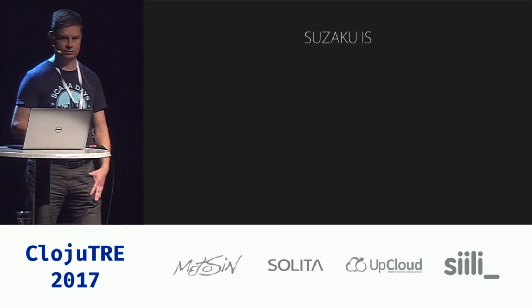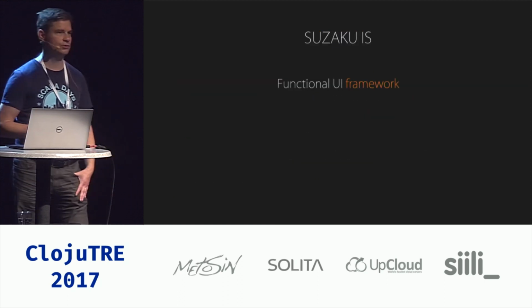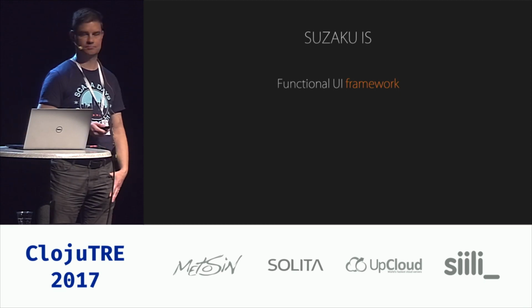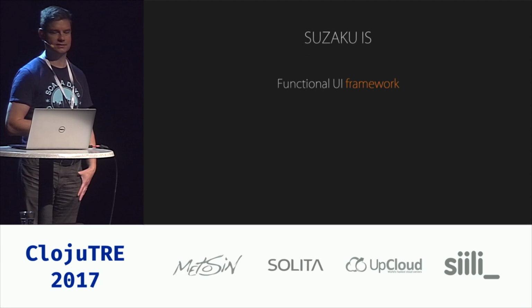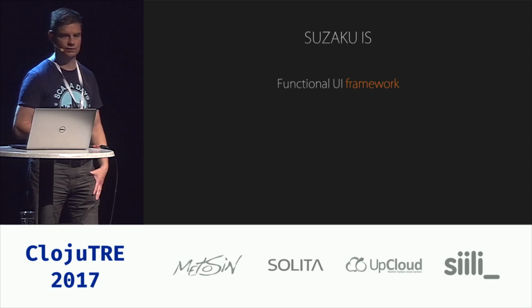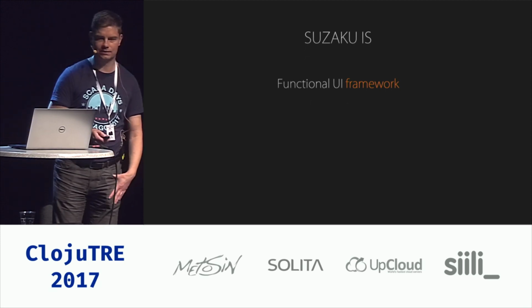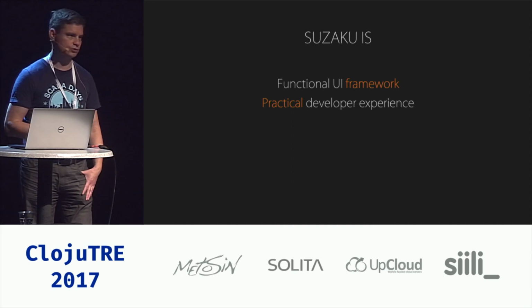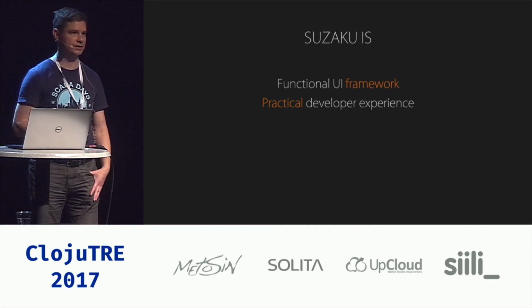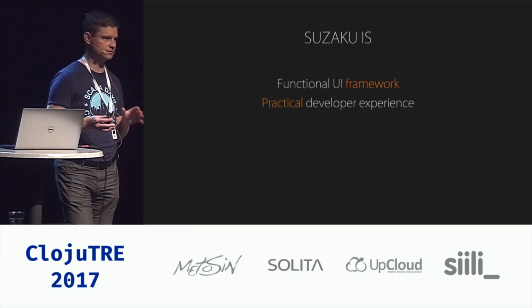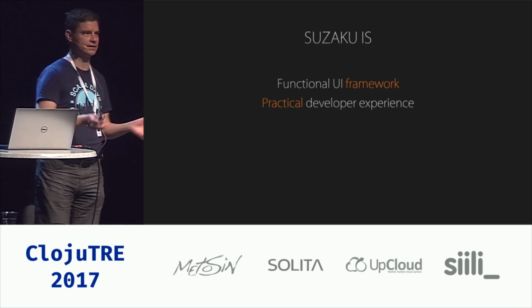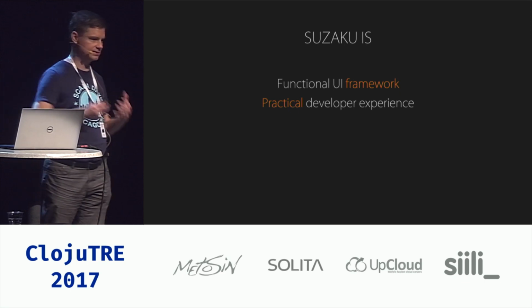So in short, Suzaku is a functional UI framework. It's probably not as functional as you would get in Haskell or Clojure, but from the user point of view, it's quite functional. The focus is on practical developer experience. It doesn't have a strong ideology of purity, like insisting on doing things exactly one way.